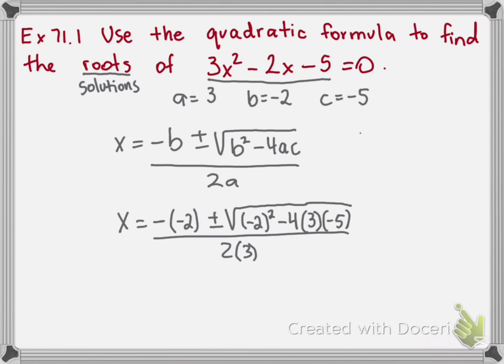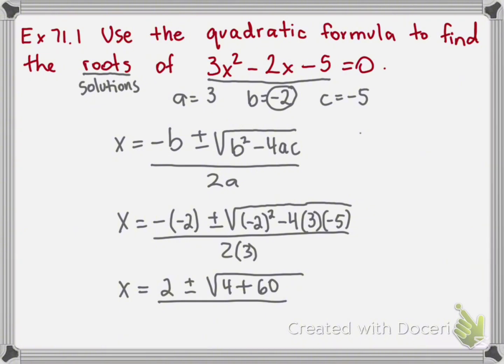Now when we simplify that, we're going to have positive 2. So notice it's the opposite of b. b was negative 2, so it's positive 2. Plus or minus the square root of 4. And then when we multiply, we see a negative times a negative, so it's going to be plus 4 times 3 is 12 times 5 is 60.